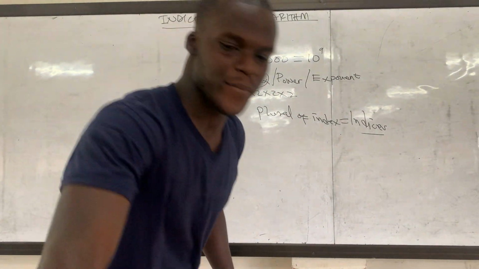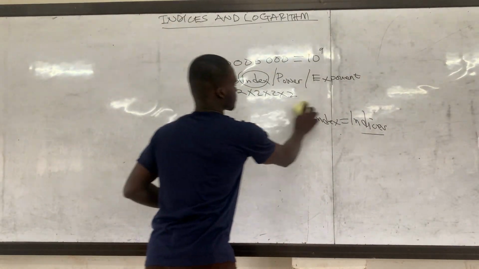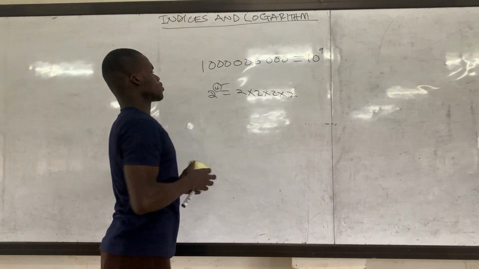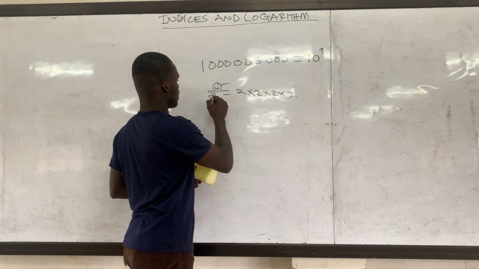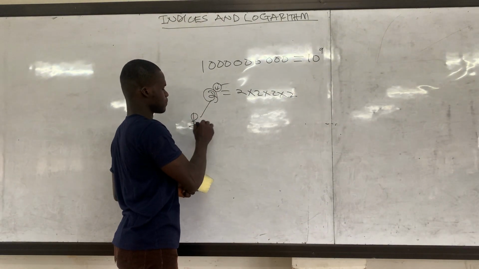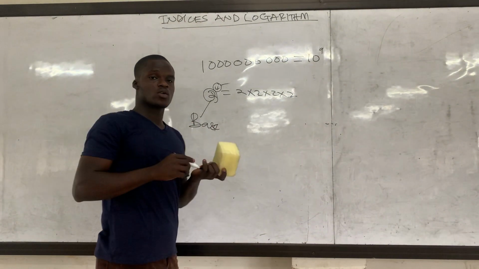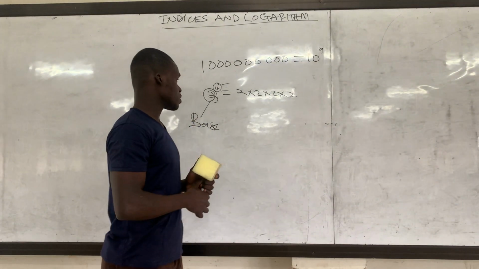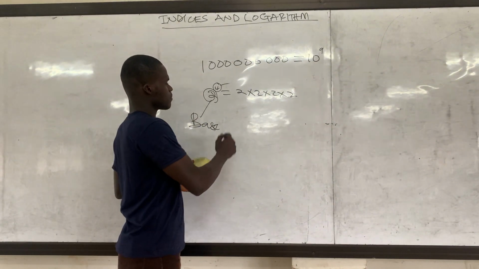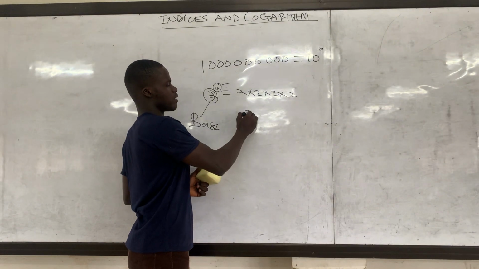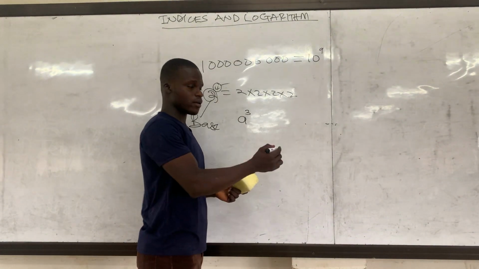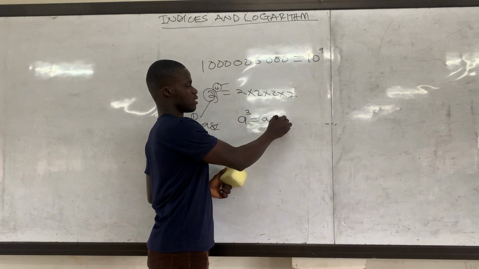So let me quickly clean the board. The 4 is called the index, and the 2 here is called the base. If you have something like a exponent 3, a exponent 3 means a times a times a.